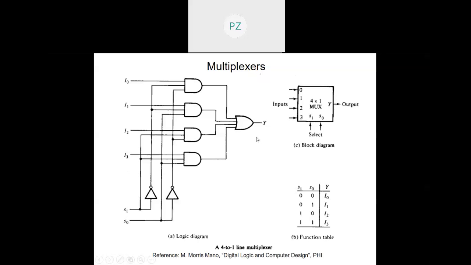So this is the design of a multiplexer. It is a very useful device. As you will study computer architecture, computer organization, you will see that this is very useful. In fact, demultiplexer is also useful, but in my personal experience, multiplexer is more useful than demultiplexer. We will see.